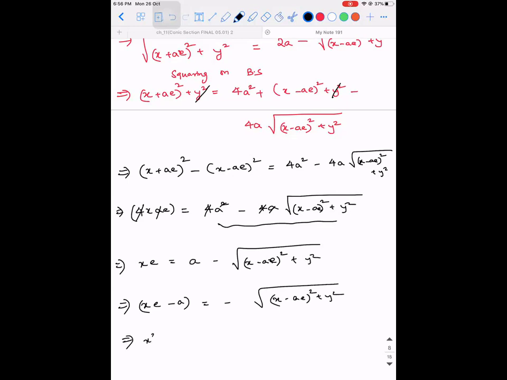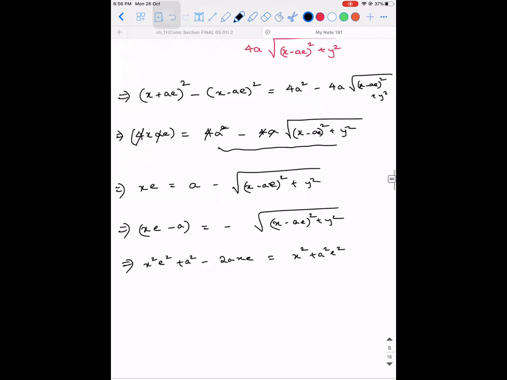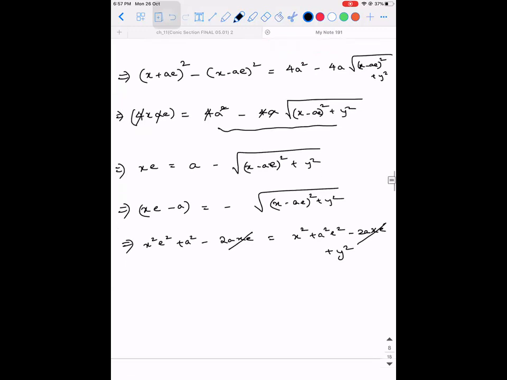So squaring on both sides, x square e square plus a square minus 2axe is equal to x square plus a square e square minus 2axe plus y square. Now it is right. So what will get cancelled? 2axe and 2axe will get cancelled.